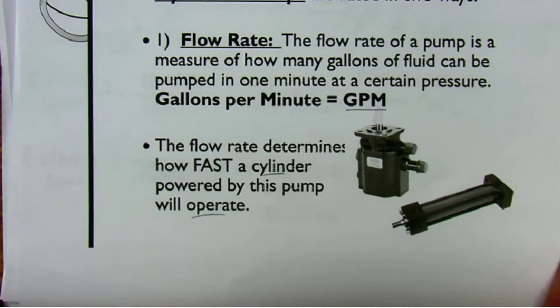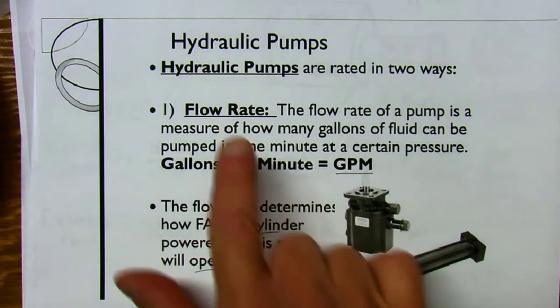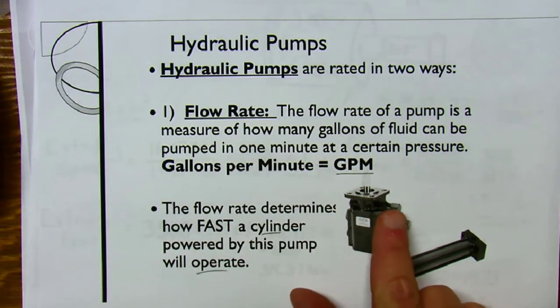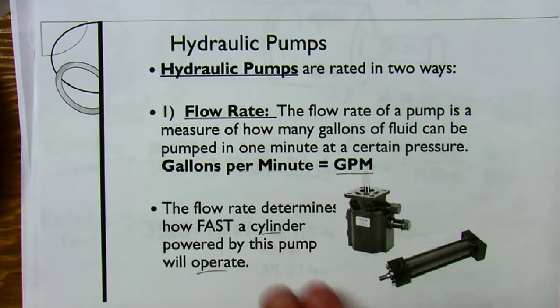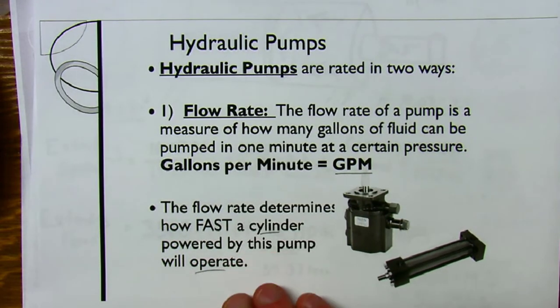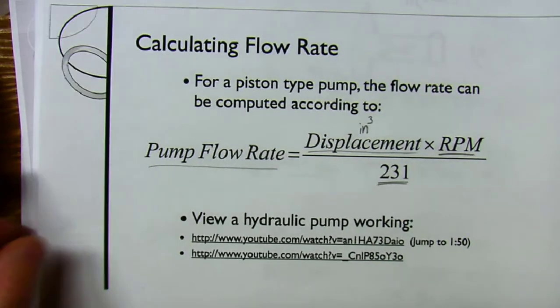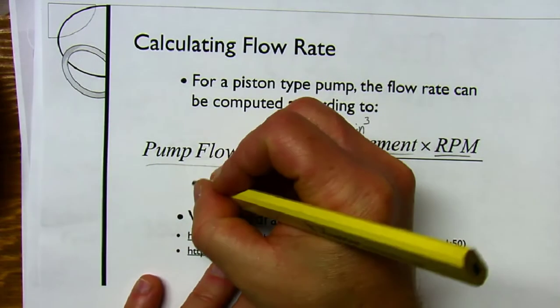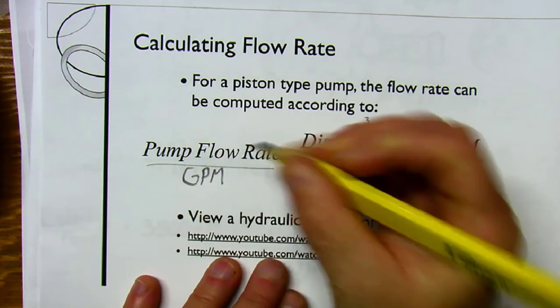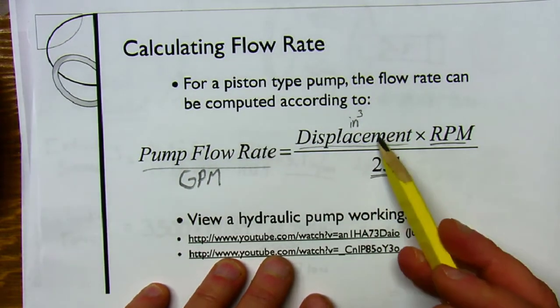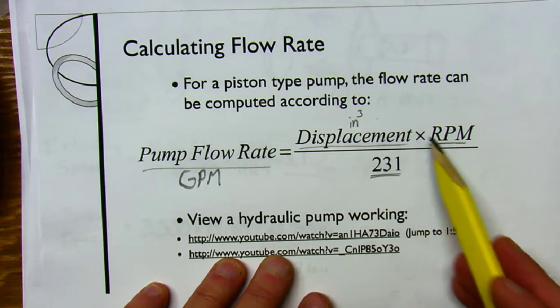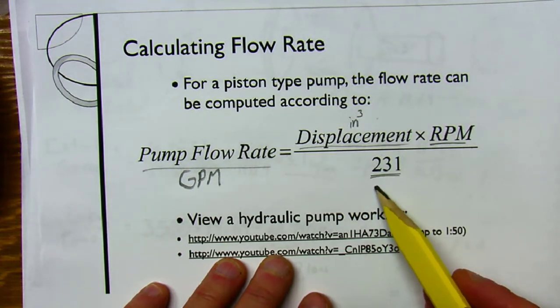Okay, so let's hit the high points of that and summarize. Flow rate of a pump is determined in gallons per minute, and that determines how fast our cylinder or motor will actuate. And you can do that calculation. You can figure out what the flow rate is in gallons per minute if you know the displacement in cubic inches, like we've done before, times the RPM divided by 231.